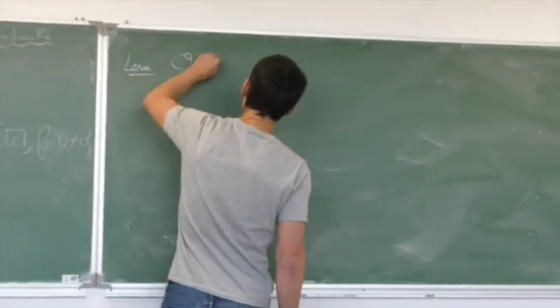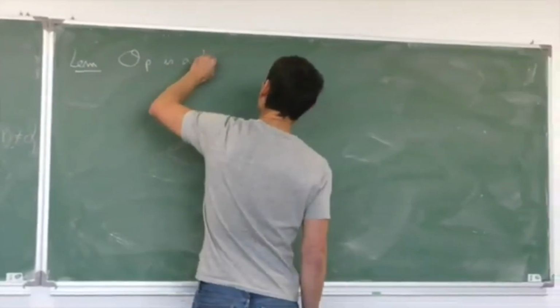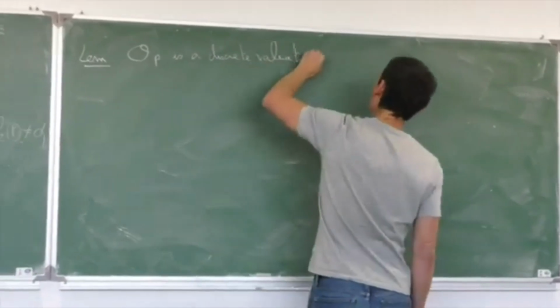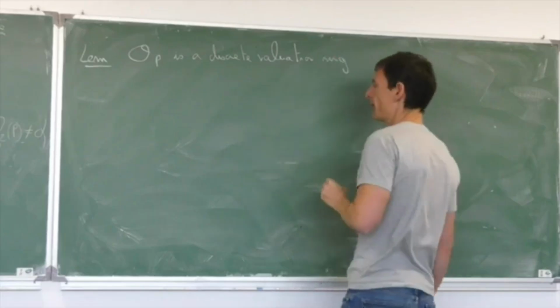O_P is actually a discrete valuation ring. So what does it mean?